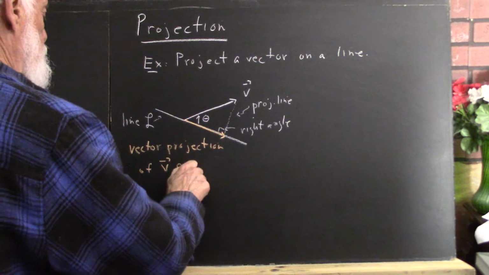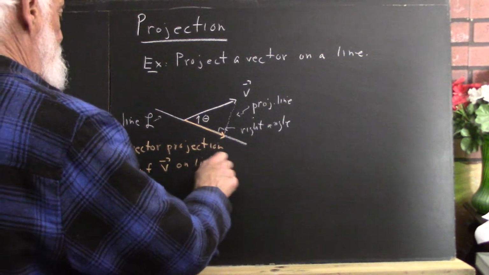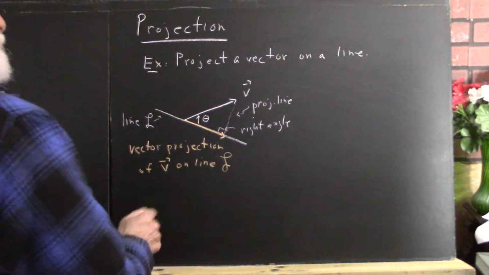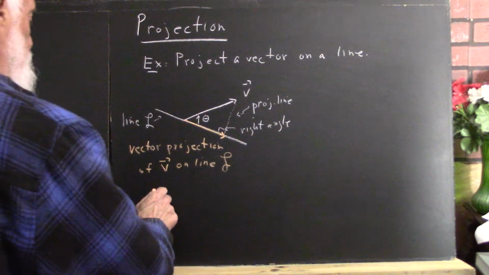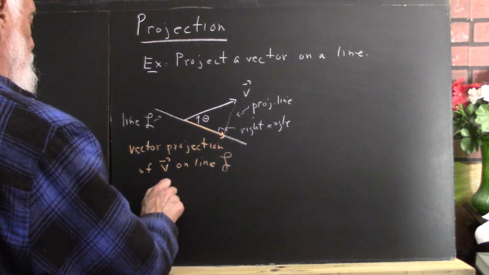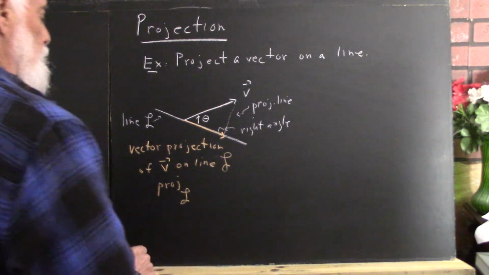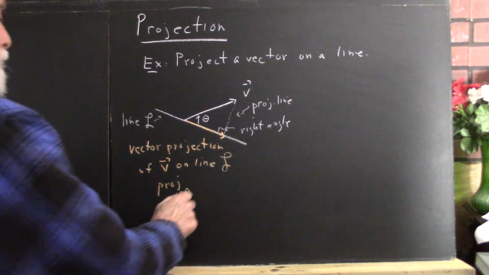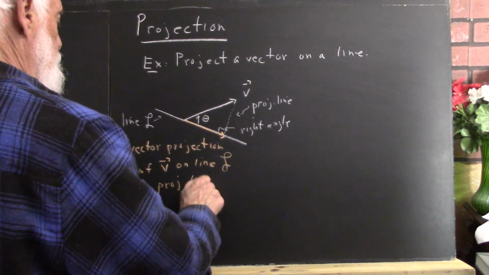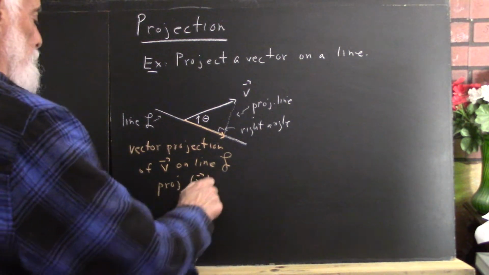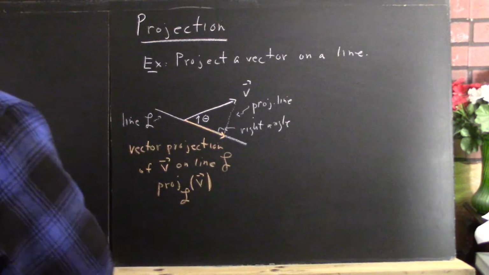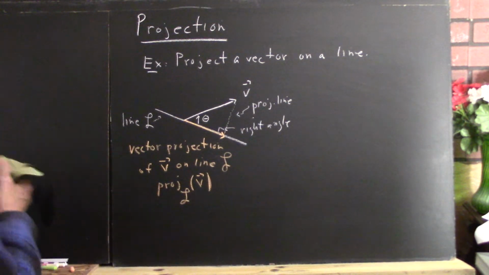With a vector V on the line L, we could designate that as PROJ subscript L, projection onto the line L of the vector V. Okay, and that's a bad looking parenthesis there.